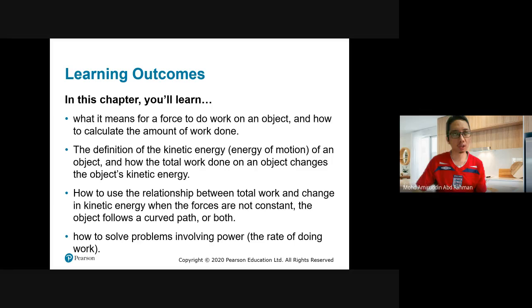Before that, in chapter 5, you learned mostly about the free body diagram. Now we will learn how to calculate the work, the definition of kinetic energy, the relationship between the total work and the change of kinetic energy, and also something about power. Power is the rate of doing work.